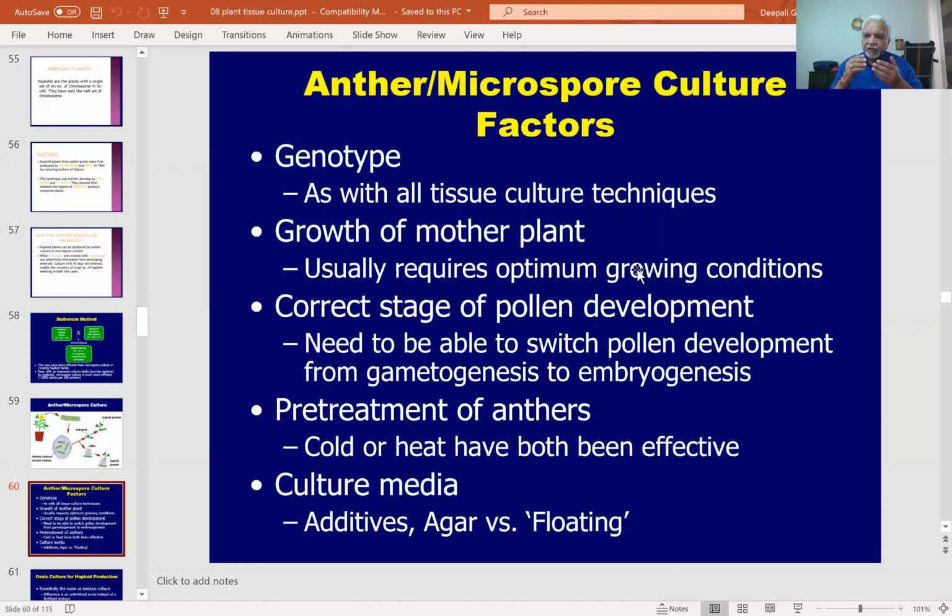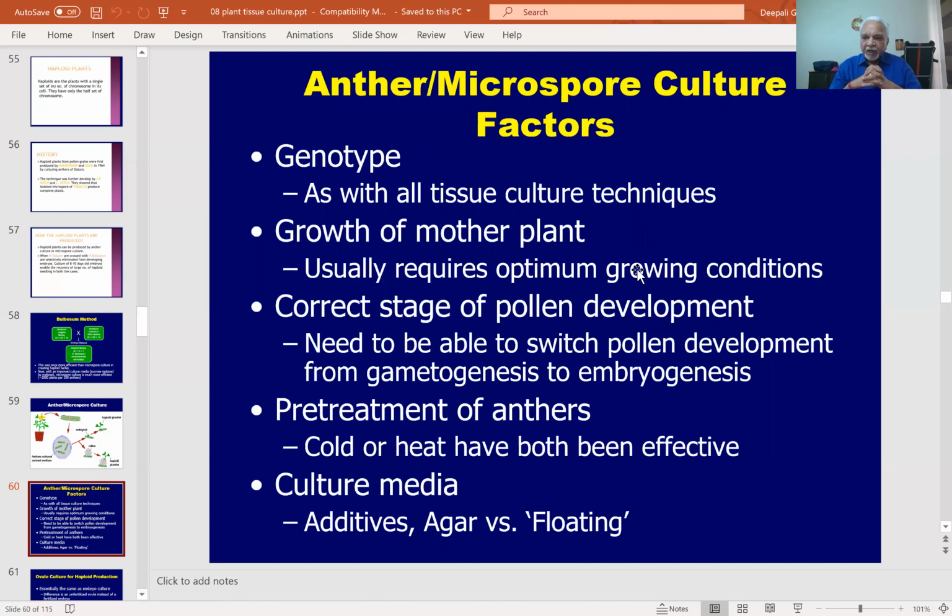When you see the anther has formed, and inside the anther the pollens have been produced, then you pick one. All these things need to be optimized, so that when it is taken in vitro, it responds positively.